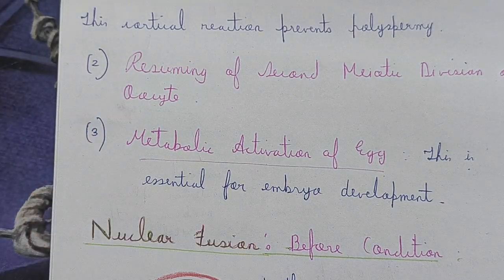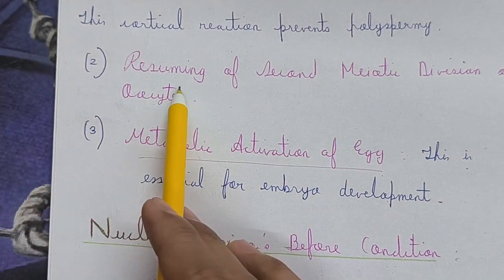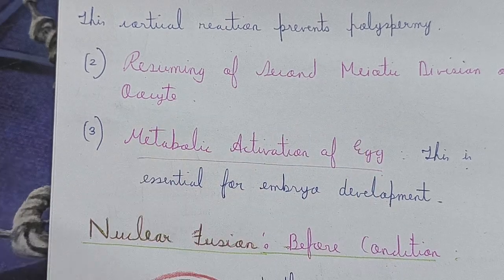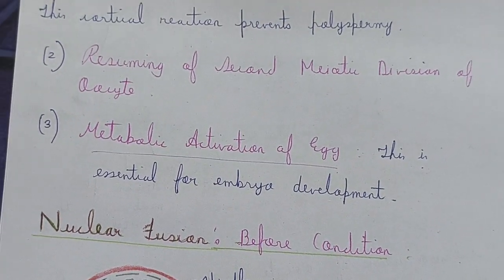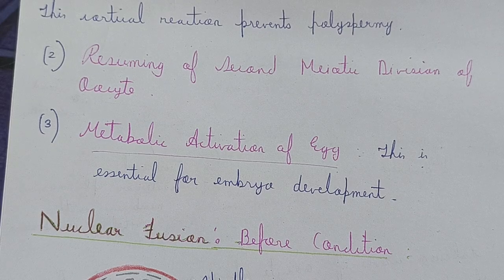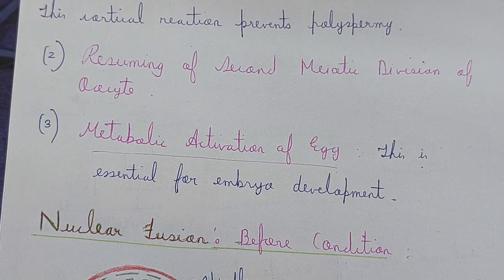Now the next is the resuming of the second meiotic division of the oocyte. We also know that in the ovarian cycle, at ovulation, the secondary oocyte remains arrested at the second meiotic division.